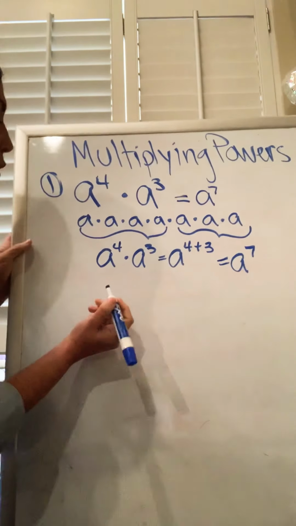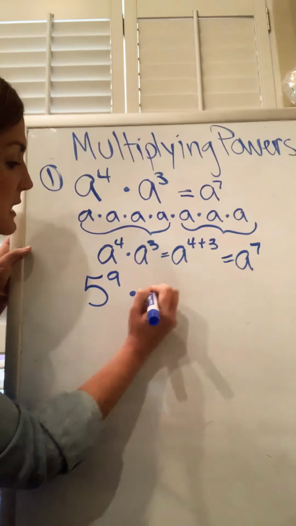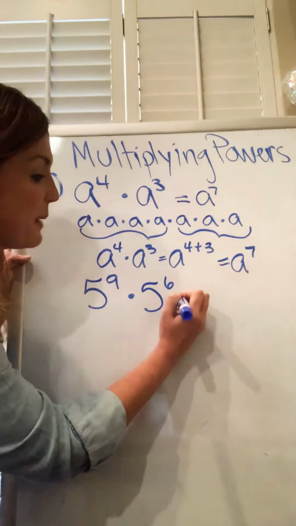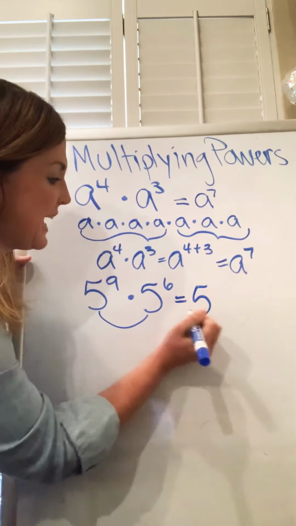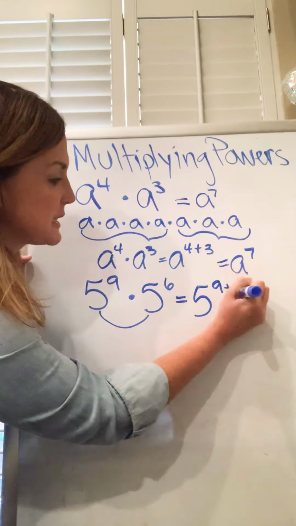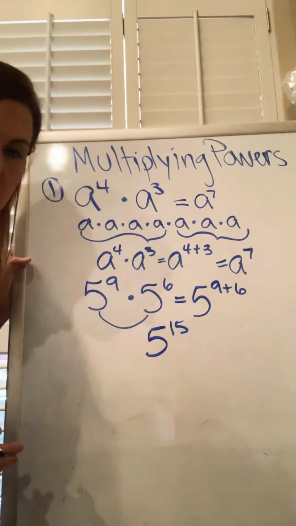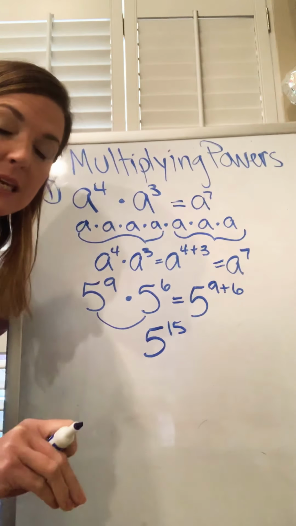If I have 5 to the 9th times 5 to the 6th, then my base stays the same, and I add 9 plus 6 to get 5 to the 15th. The key here is that the base must stay the same.